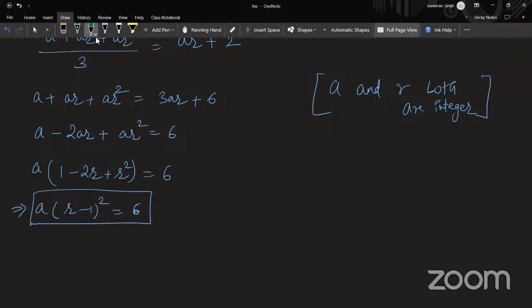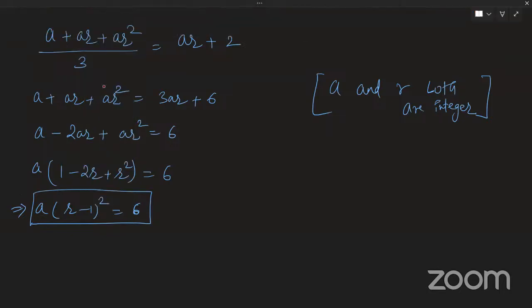Which formula are you applying? A minus B whole square? Why should you do that? See, A into R minus 1 whole square is 6. A and R both are integers, so obviously R minus 1 will also be an integer.